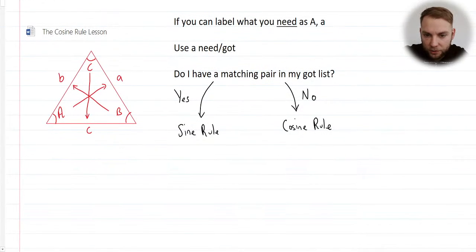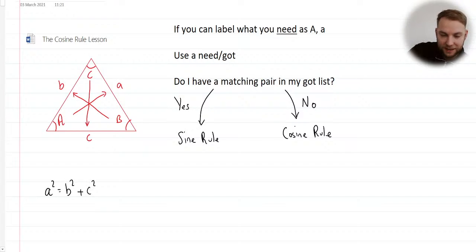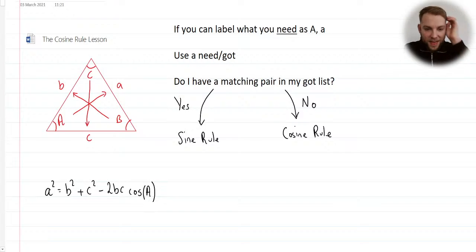I am going to tell you what the cosine rule is. So the cosine rule, now take note, I know this is tricky. You do actually need to remember this, okay? The cosine rule is a squared is equal to b squared plus c squared, a little bit like Pythagoras, minus 2bc cos of capital A. That there is the cosine rule, okay?